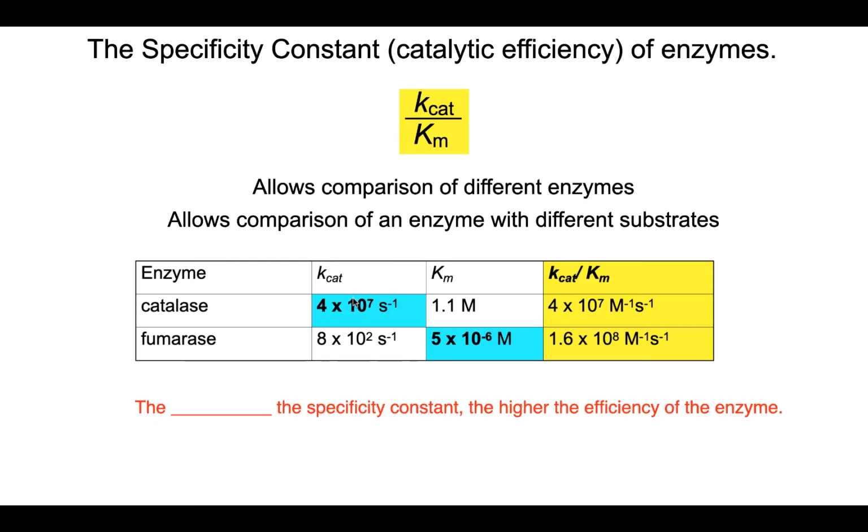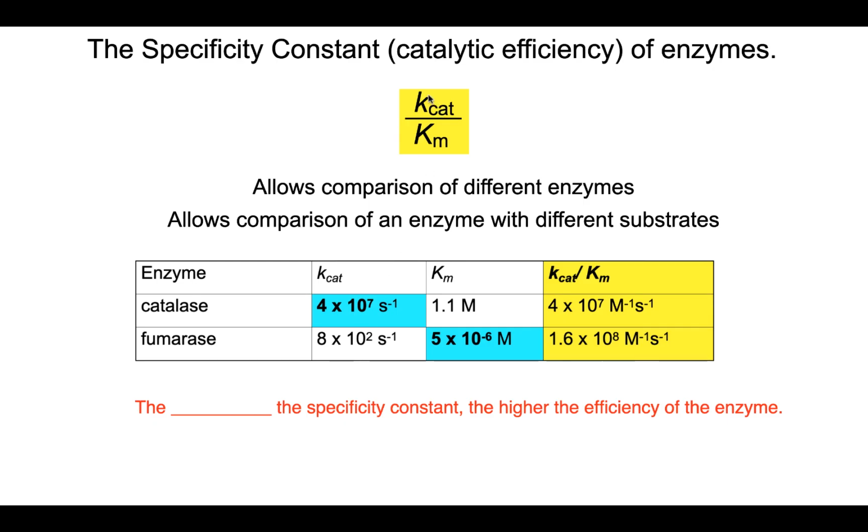There are some enzymes that have a very, very high kcat, meaning they're really fast, but they have a really, really high Km as well, meaning they don't bind very well to the substrate. Or there's some enzymes that bind really, really well to the substrate, but once bound to the substrate, they don't speed things up very much.